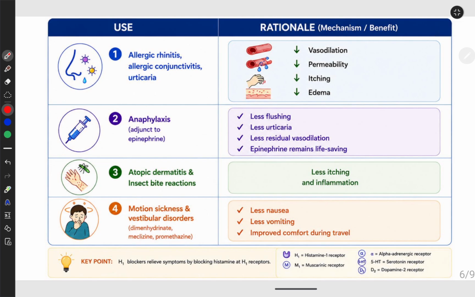What are the uses of antihistamines? So antihistamines are primarily used to treat allergic rhinitis, allergic conjunctivitis and urticaria because they block the H1 receptor on the vascular endothelium and decrease the vasodilation associated with all the inflammatory conditions like rhinitis and conjunctivitis.